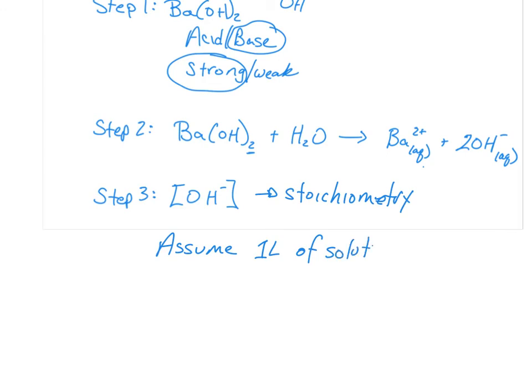This is a fair assumption because our concentrations that we get out are going to be the same because we're not changing the concentration during this problem. And so we can just pick a volume. So I'm going to work to find moles of barium hydroxide.